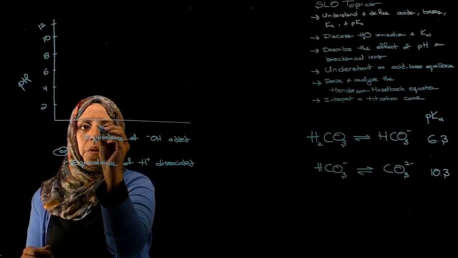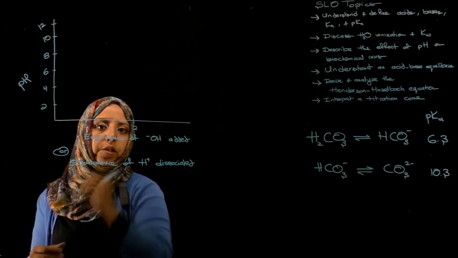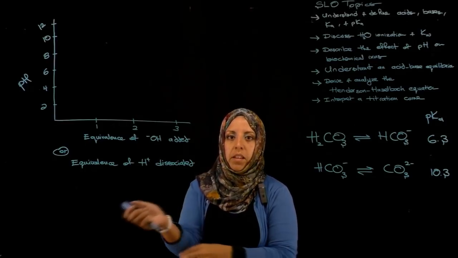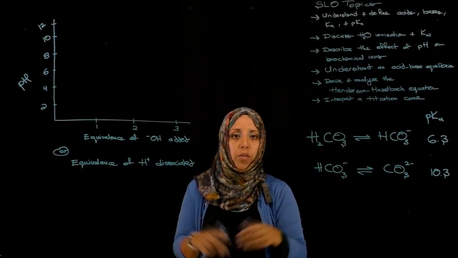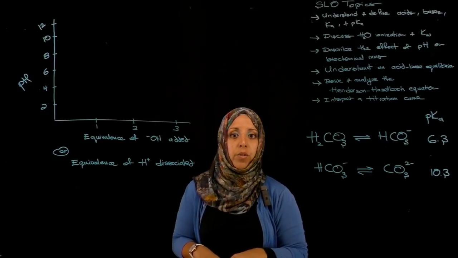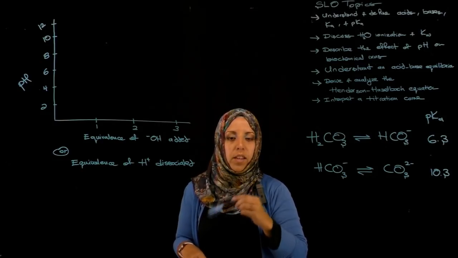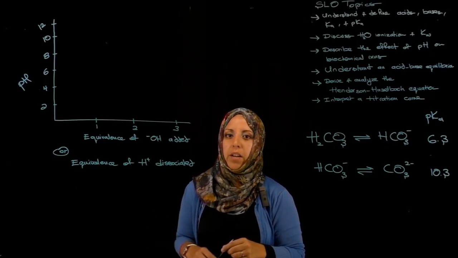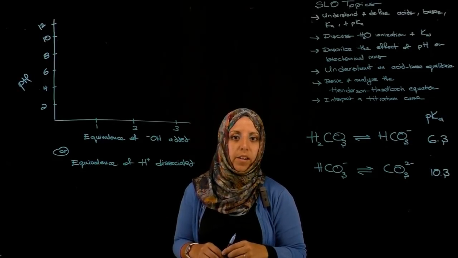So here's 1 equivalence of base. Here's 2 equivalents of base, and I'm just going to write the third one, right? And once you hit the first equivalence of the base, that's when the acid completely turned over into its conjugate base. And that's when you see this really sharp increase in pH when a small amount of base is added, right?